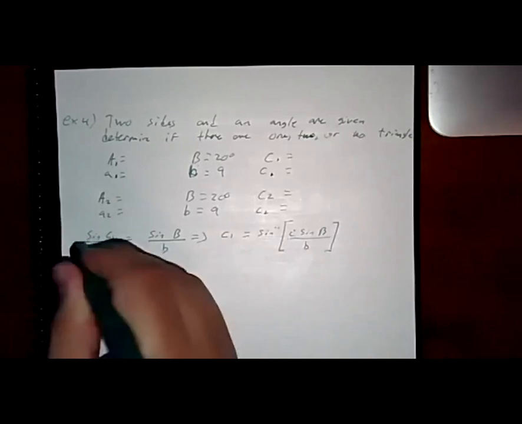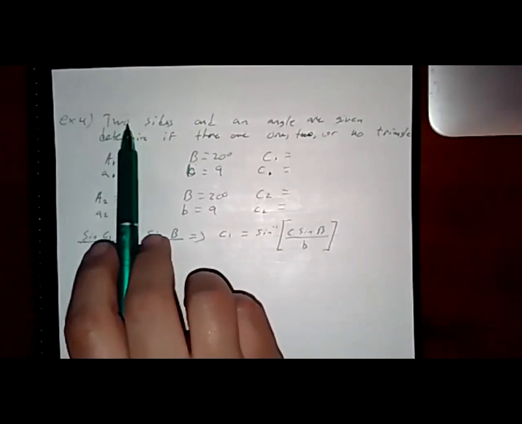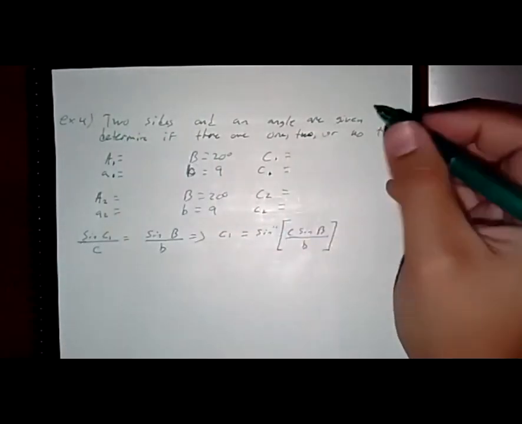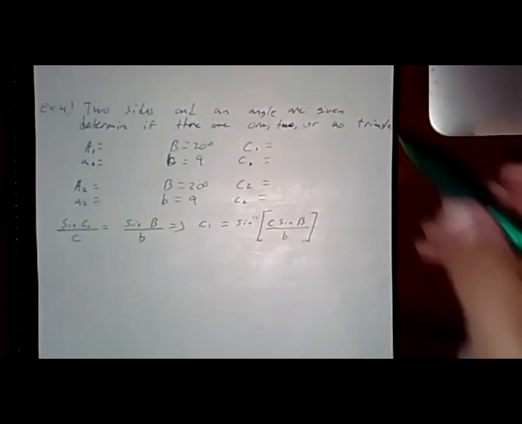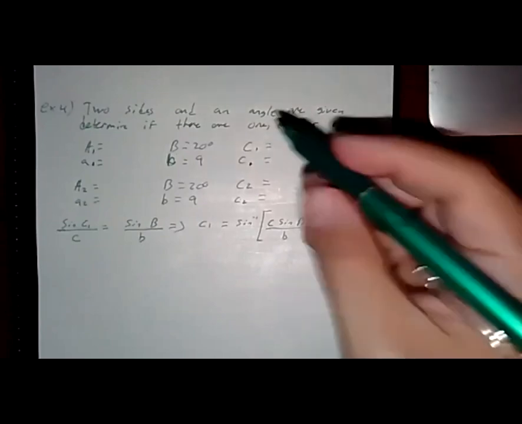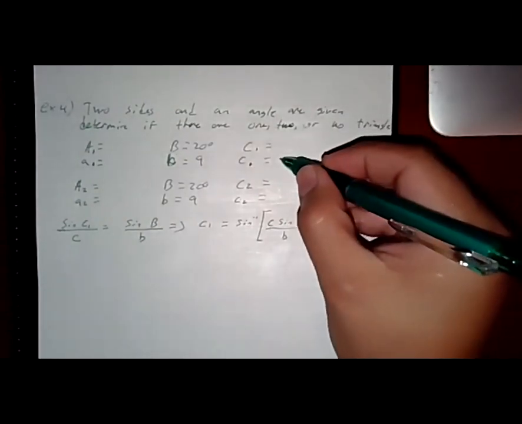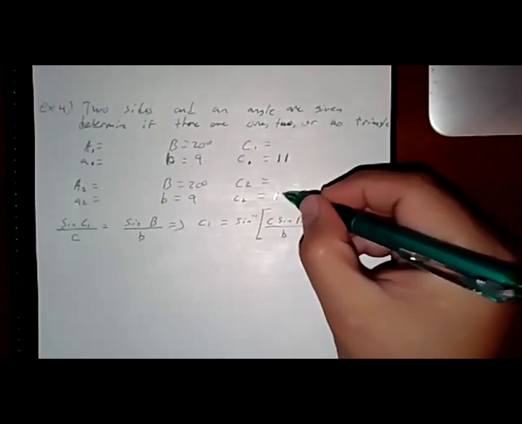How does this follow any of the 4 cases? So we have 2 sides and an angle. Where's the second side at? Yeah. Sorry, they did give it to us. I just didn't write it down. Thanks.